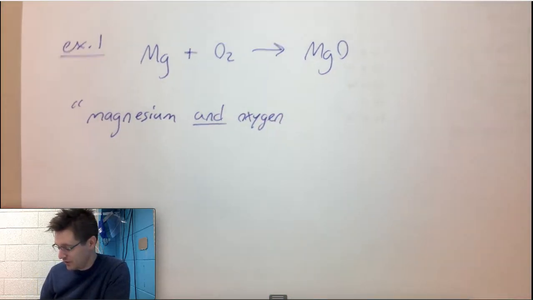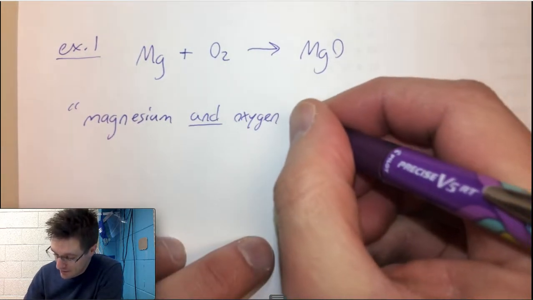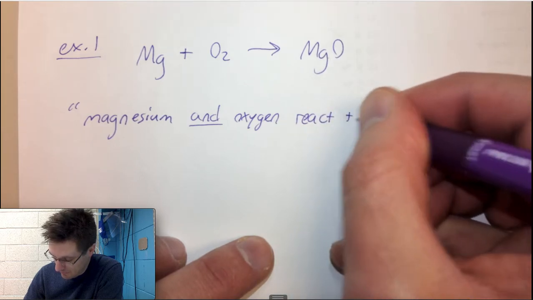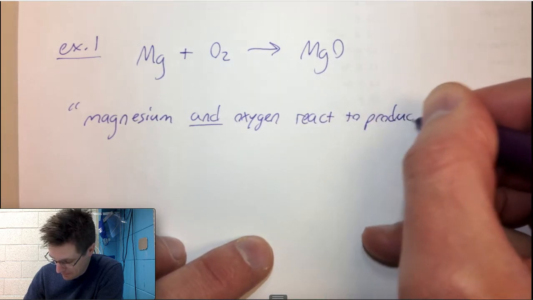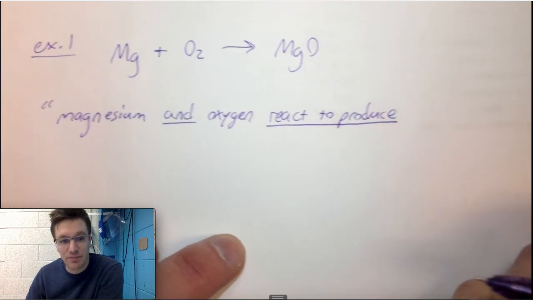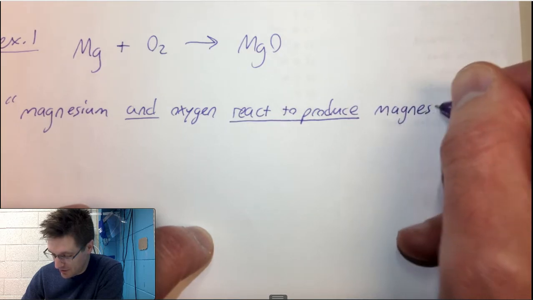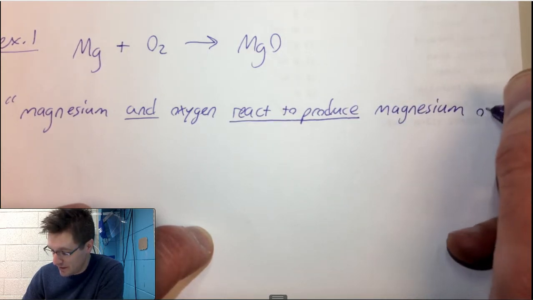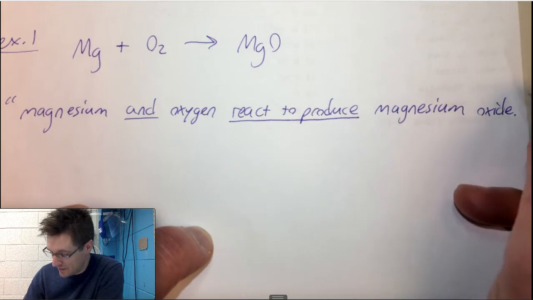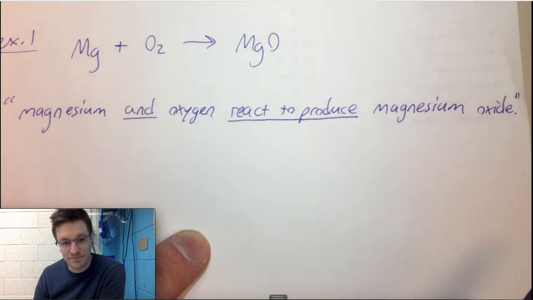Okay, I'm going to underline the and, that's the plus. And the arrow means that a reaction happens and it produces that new chemical, and in this case that's called magnesium oxide. Okay, so this is how you would read this in English.